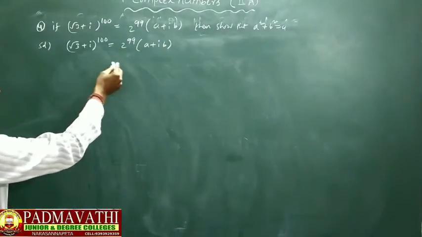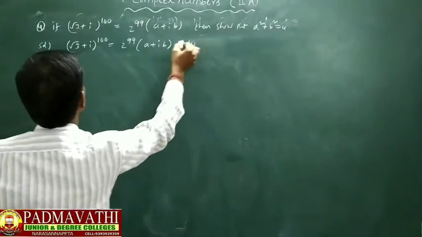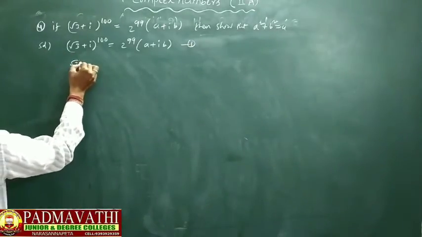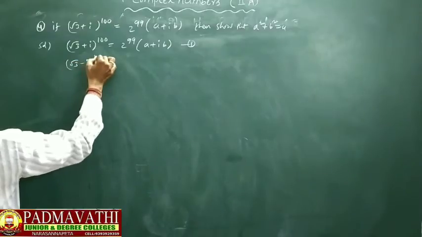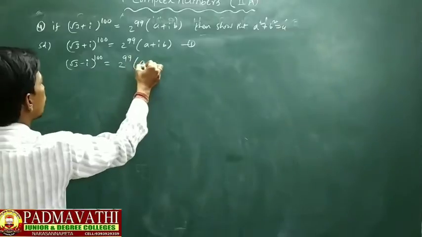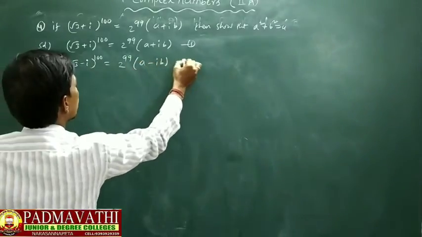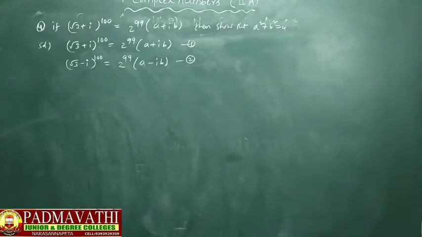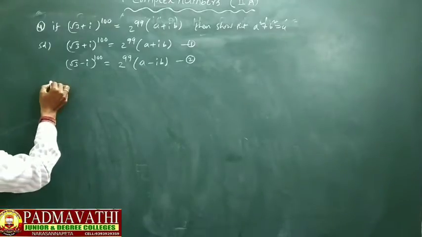In a similar way, this is the first equation. (Root 3 minus i) whole power 100 equals 2 power 99 into (a minus ib). It is equation number 2. Now these two equations are multiplied.